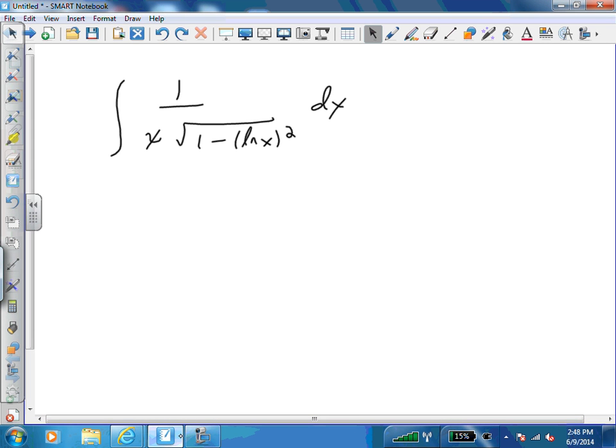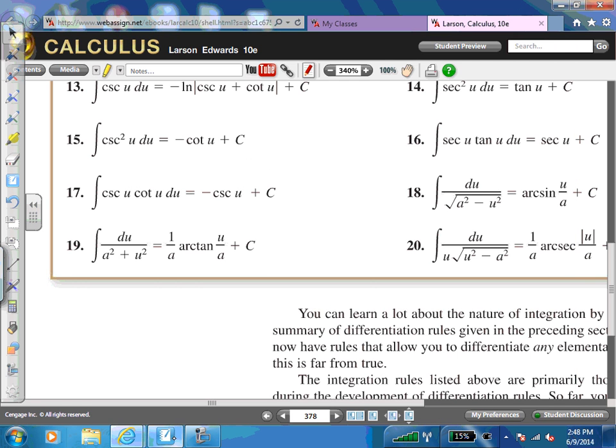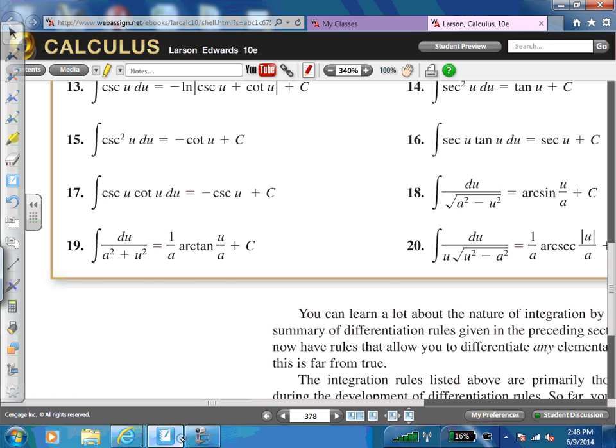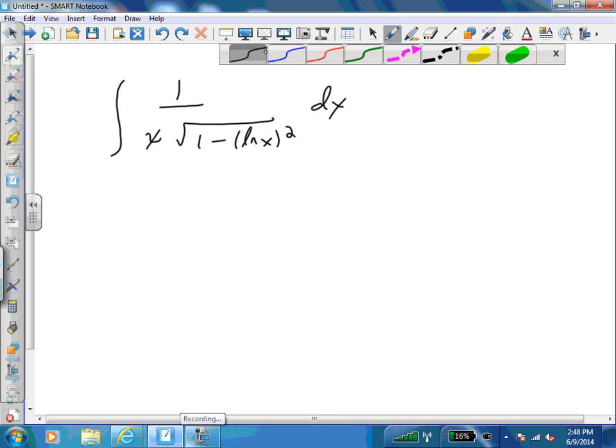Do we have a constant squared minus a variable squared, or a variable squared minus a constant squared? Constant minus variable. So which of these that have a square root on bottom does it most look like, 18 or 20? 18. So du over the square root of a squared minus u squared.